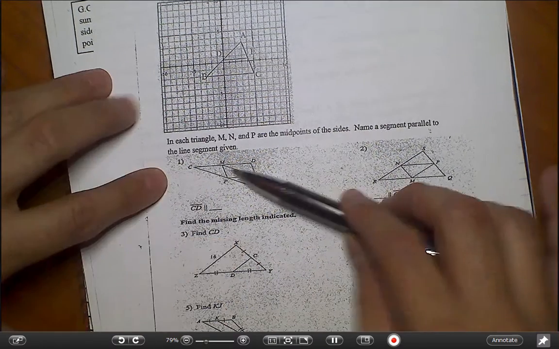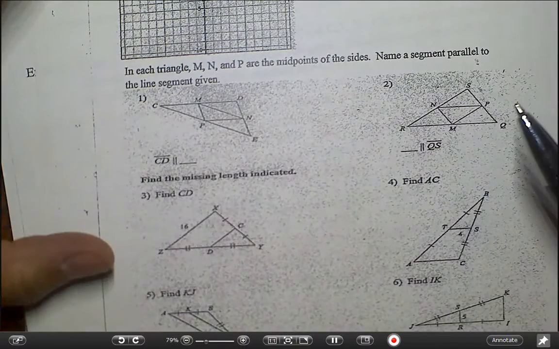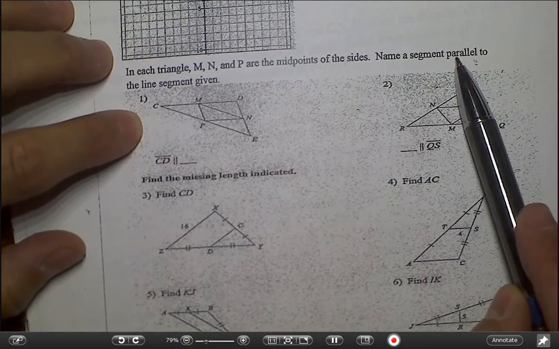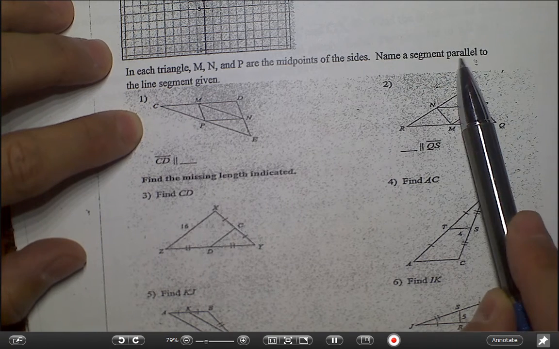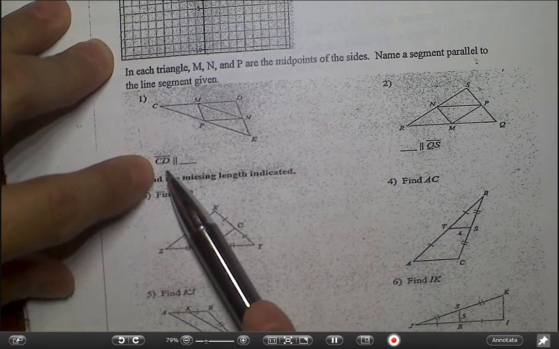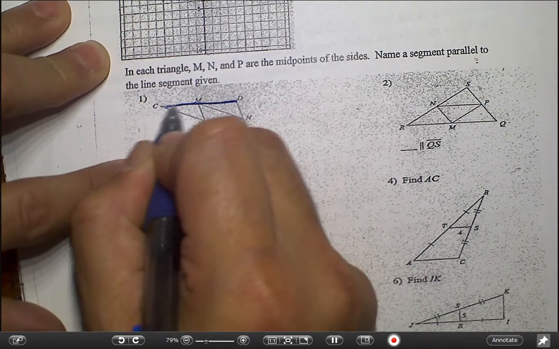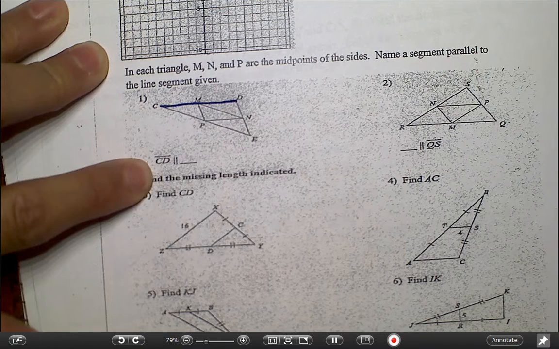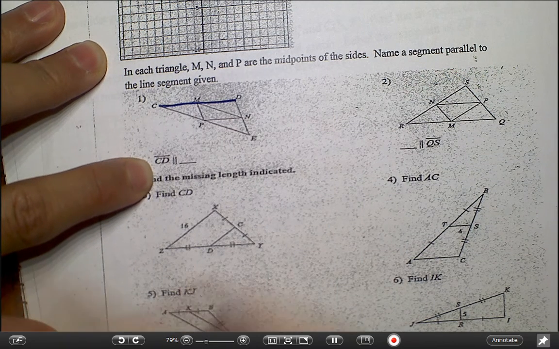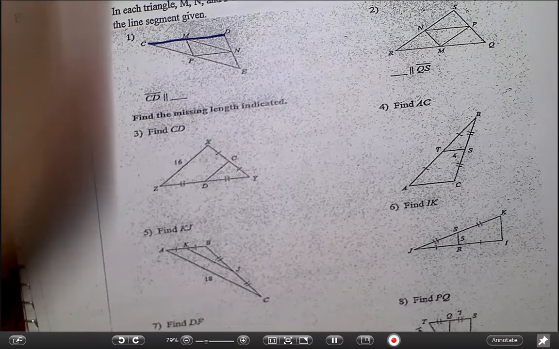Now, for this one, it's saying that it is a midsegment. Name a segment parallel to the given segment. This is CD right here. What is parallel to CD? PN, very good, right? Is this easy? Yeah.